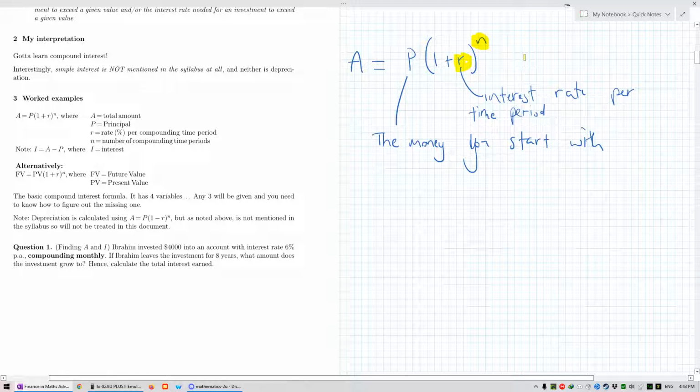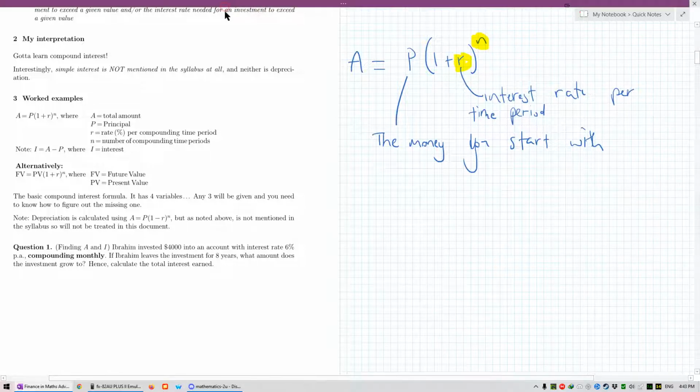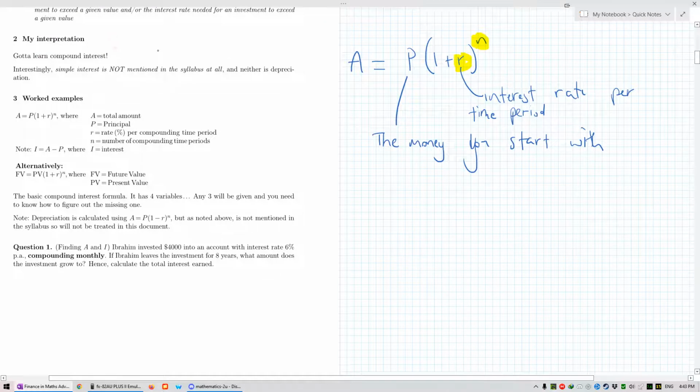It doesn't work that way, okay? Whatever time period you use, if it's per year, per month, per week, N has to be the same. And with compound interest, you need to match the compounding time period. So if it's compounding every month, then R has to be in months, and N also has to be in months. Really, really important. I just can't stress that enough.